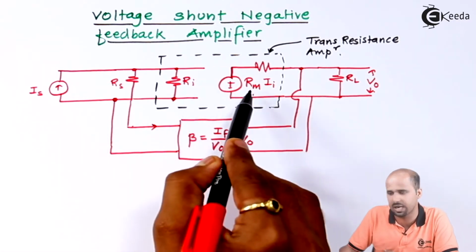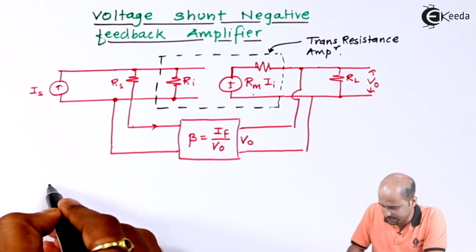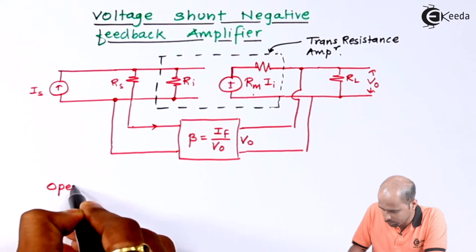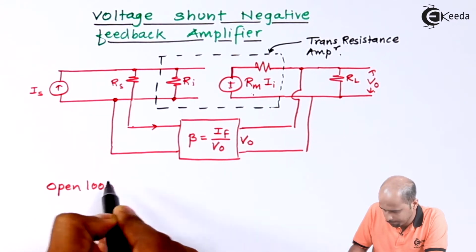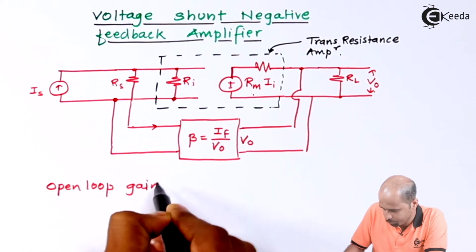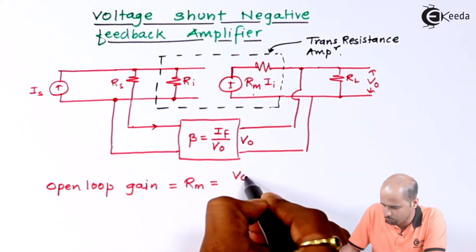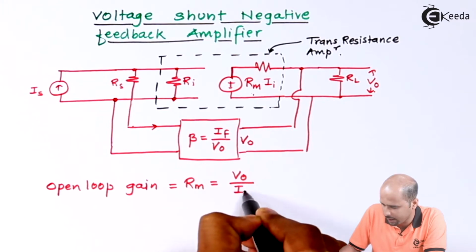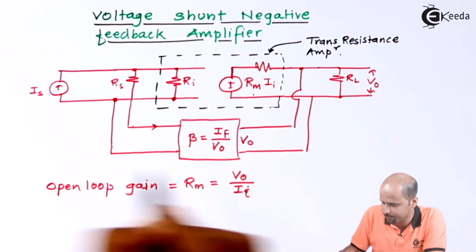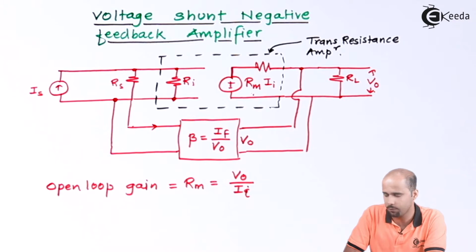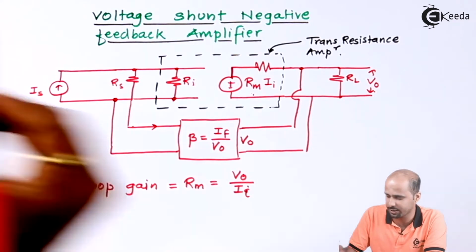Gain factor is nothing but Rm. Here I can say that the open loop gain, that is Rm, is equal to VO divided by II.